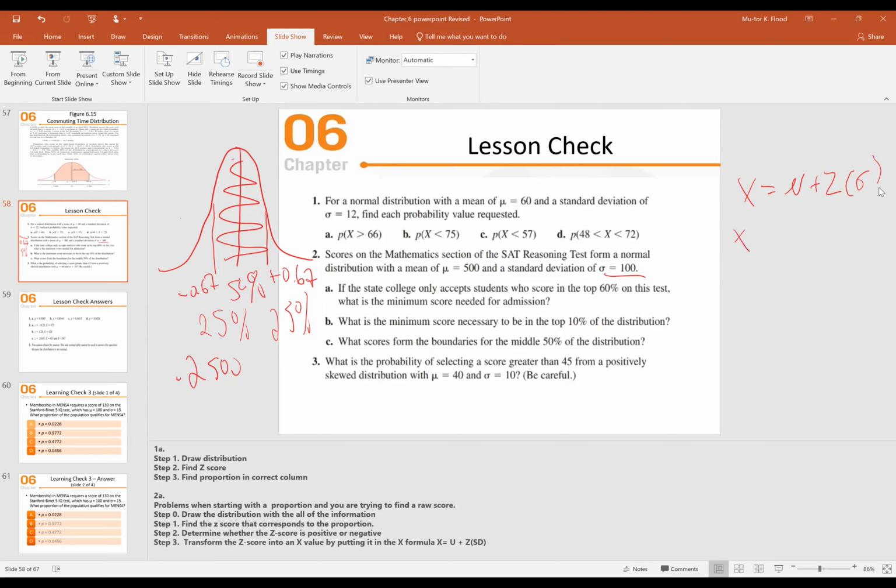So X equals 500 plus, what was the z-score that we found? Let's see, what is that again?